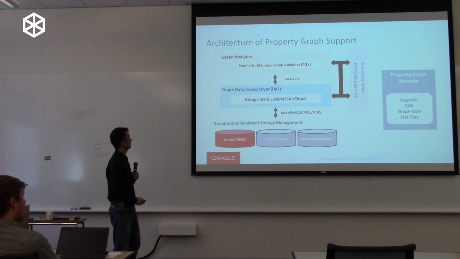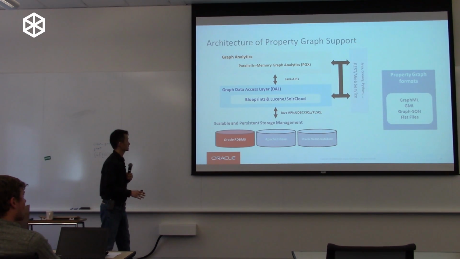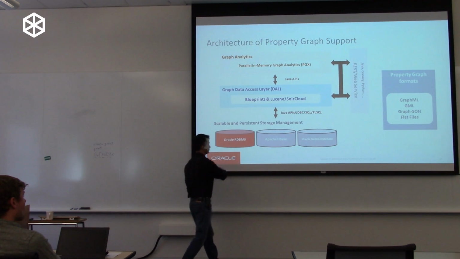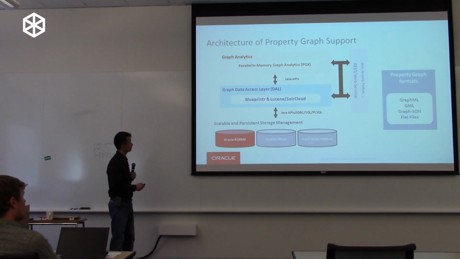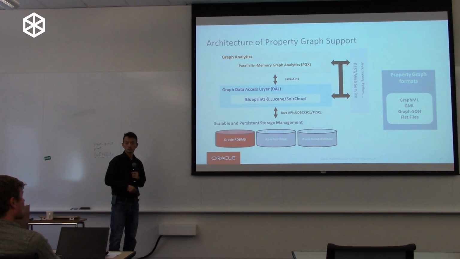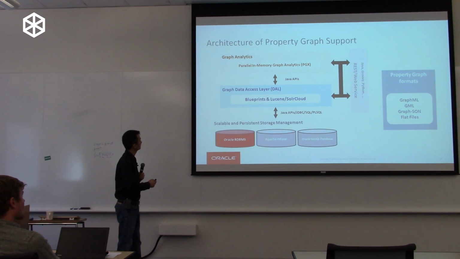There's a common graph data access API, which abstracts out all those details across those three different backends. We offer Lucene integration and Solr Cloud integration to provide really efficient graph search.